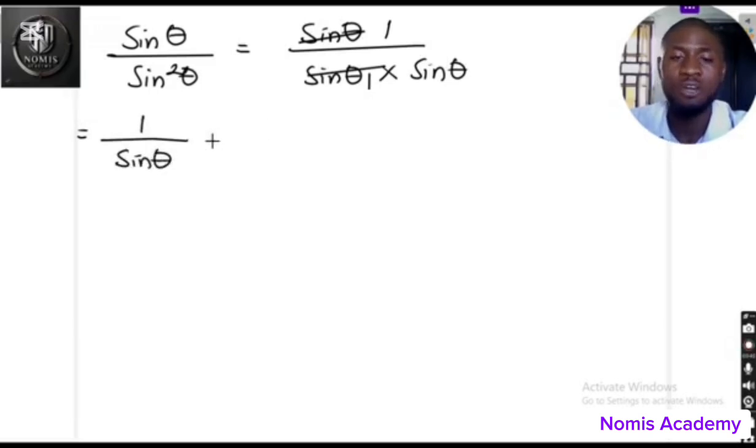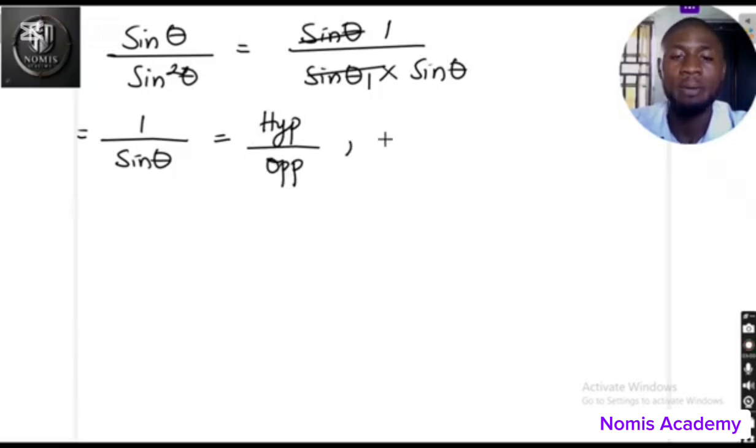And what's the value of 1 all over sine theta? That is equal to hypotenuse all over opposite.